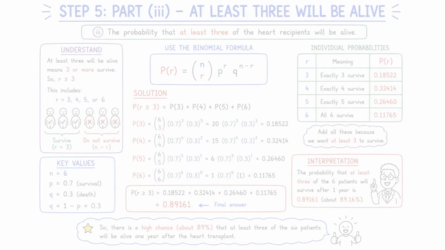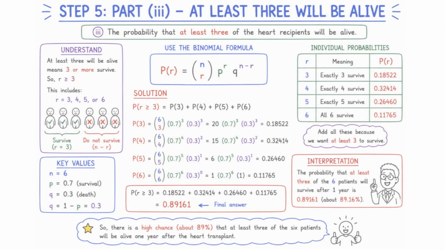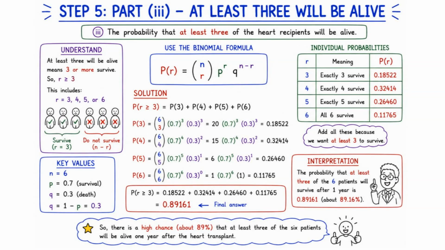Now, part 3 is slightly different. The phrase at least 3 means 3 or more. So we cannot stop at 3.